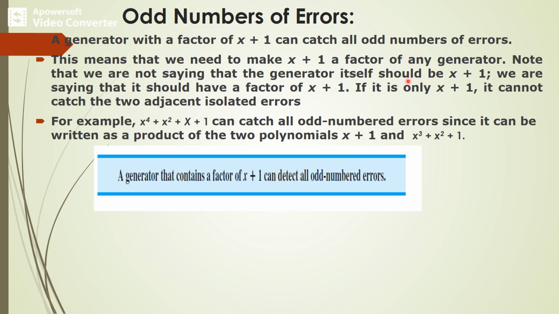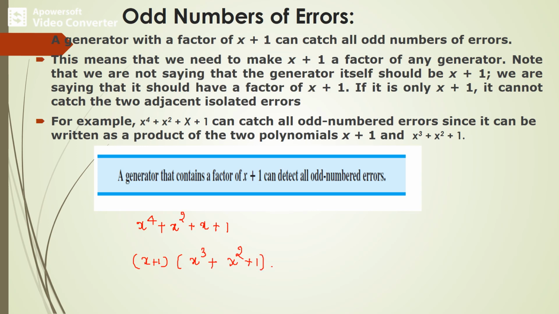We are considering a factor x plus 1 along with the generator value g of x. For example, the generator value is x power 4 plus x power 2 plus x plus 1, that is x plus 1 times x power 3 plus x power 2 plus 1.